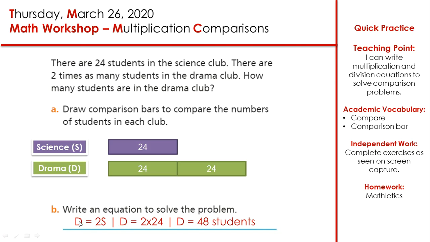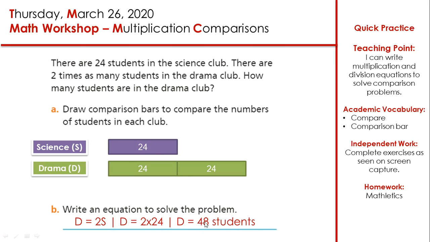So right there I have that drama club students is equal to 2 times science club students. So if I substitute the value, in this case 24, I will have 2 times 24, and that will equal 48 students.